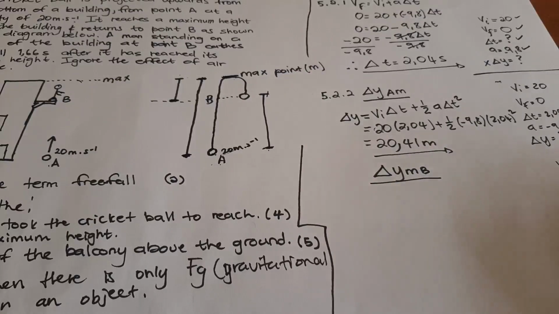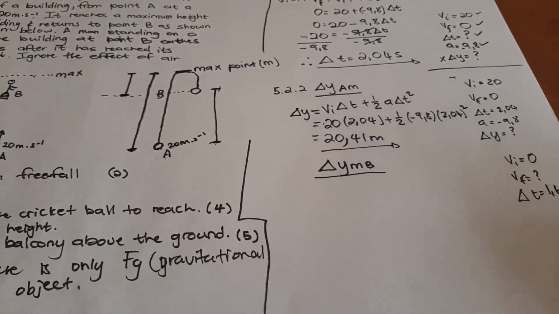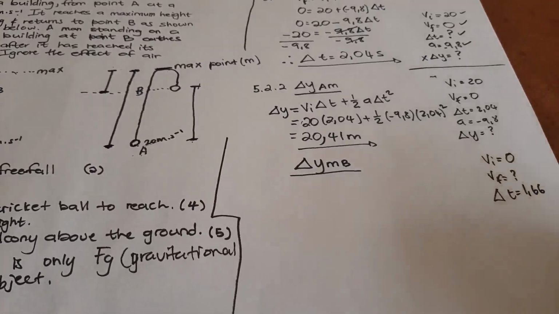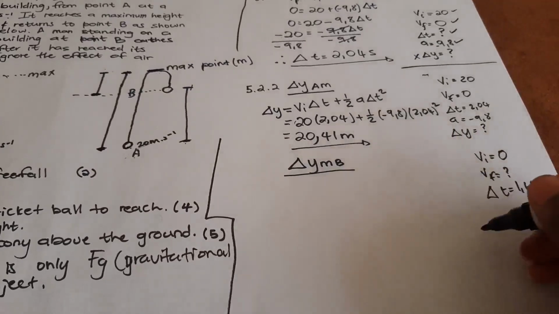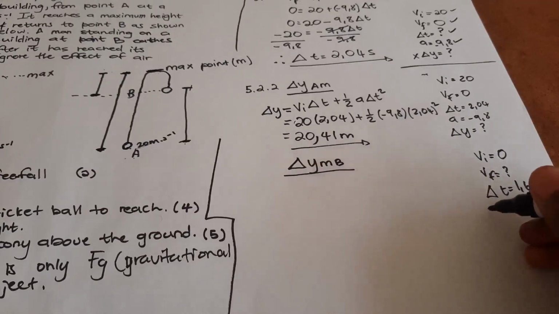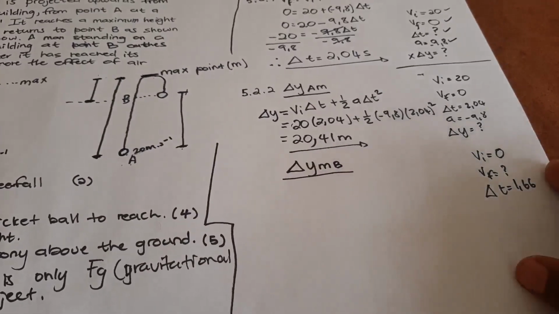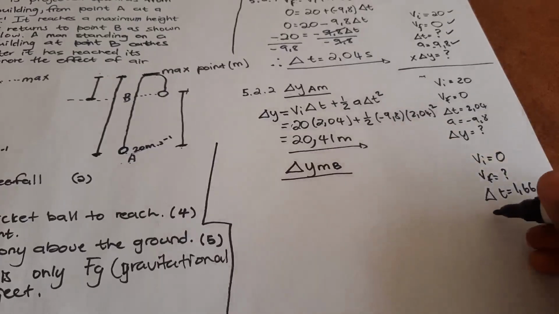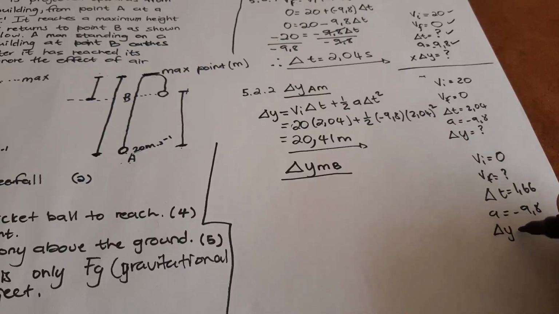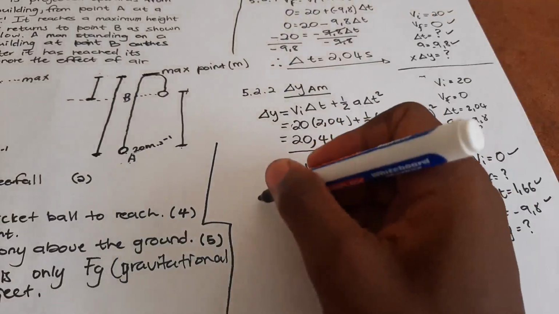I'm so sorry, guys, I didn't see that. 1.66 seconds. Acceleration is negative 9.8. Change in y we're looking for, so we don't care about the final velocity. I'm going to use the very simple, straightforward formula.